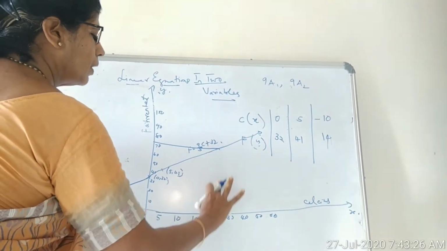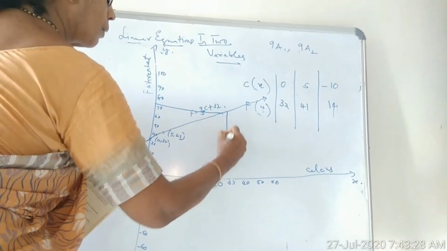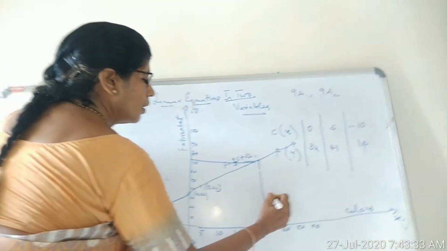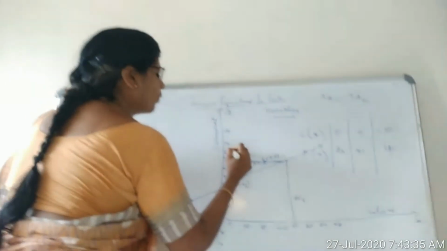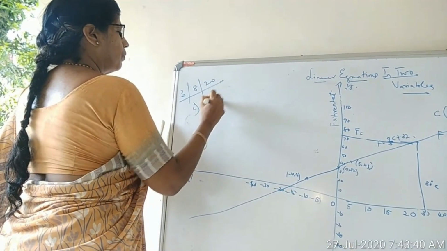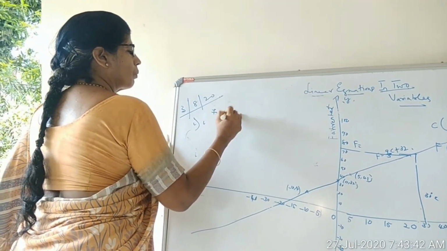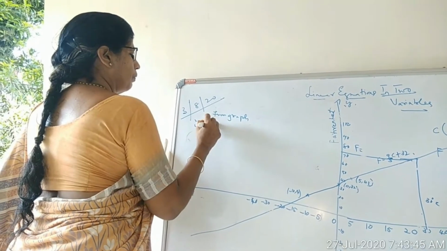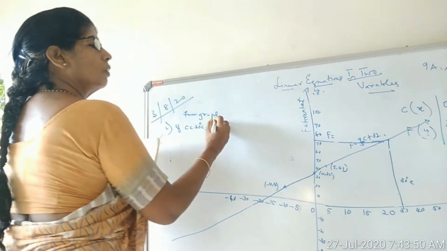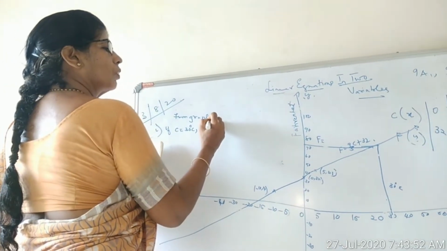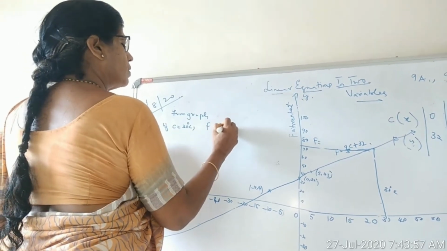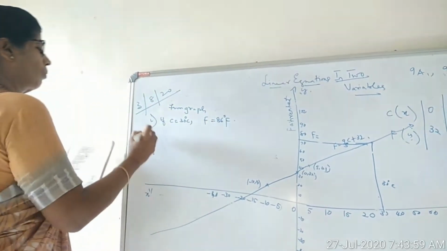See the corresponding value for Fahrenheit. First bit, children, from the graph, if C is equal to 30 degrees centigrade, F is equal to 86 degrees Fahrenheit.